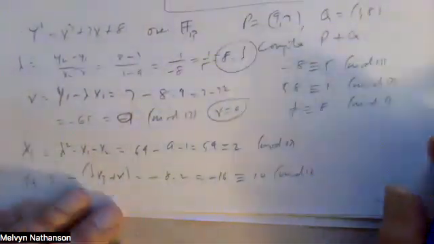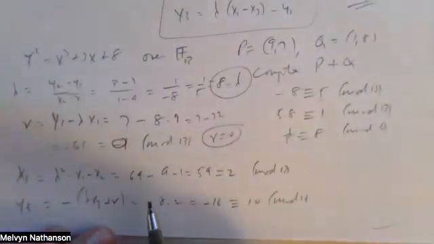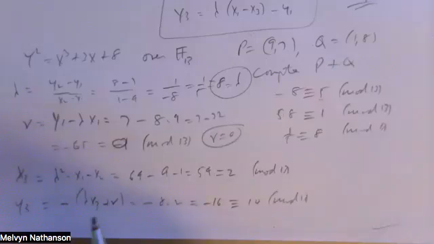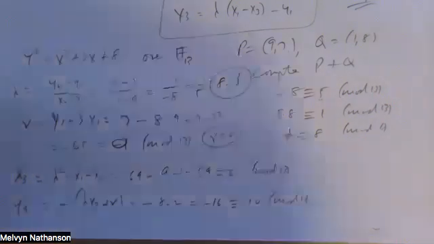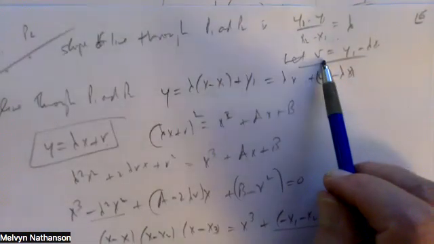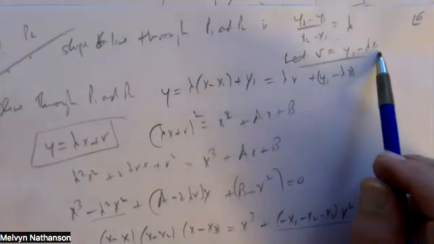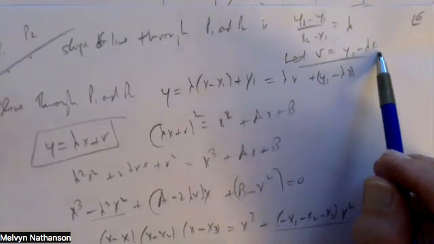Excuse me, Professor, what is nu again? Because I know lambda, but what is nu again? In the theorem that we use, let me just find out where I wrote it down. Nu is y1 minus lambda x1.